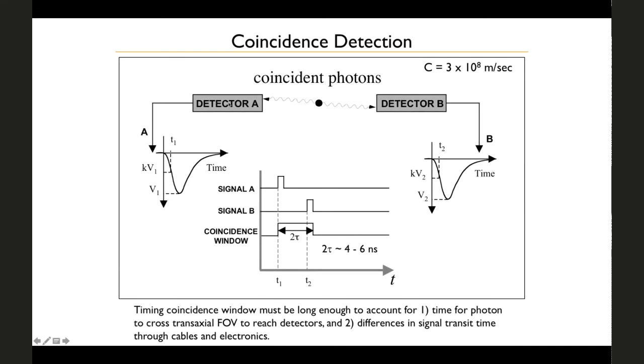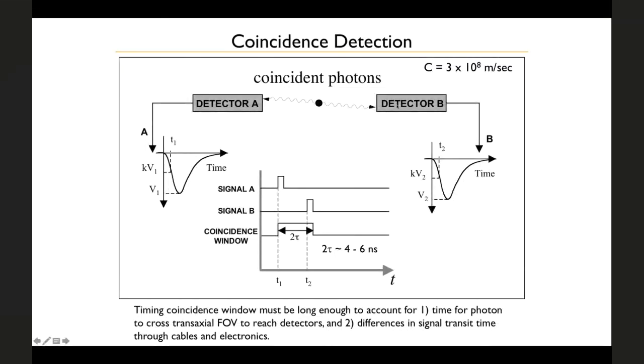So we have detector A here, and as the light from the patient comes into the detector system and generates a signal, there's some threshold at which point we say, that's an event, I need to look at that. My system will generate a little blip saying, okay, I have an event. Now we look to see if there's another event corresponding to the other photon that went in the opposite direction.